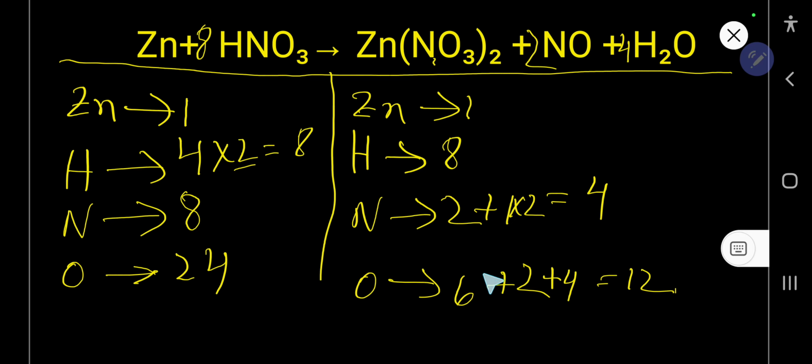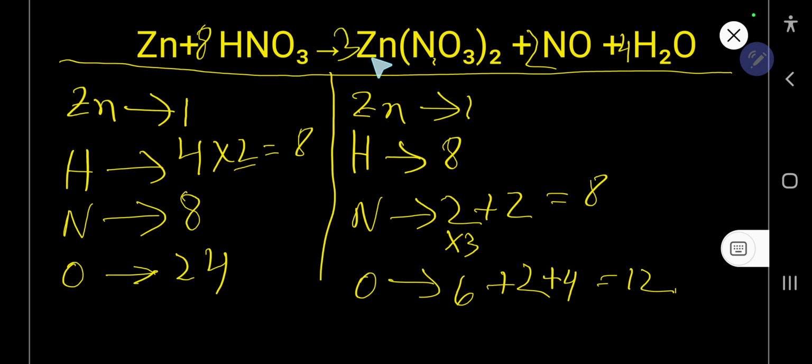So look, to make 8 nitrogen, here 2, here we have 2, that is 4. To make it 8, we have to multiply here by 3. That gives me 2 times 3, 6 plus 2, that is 8. So these 3 must come before this nitrogen.